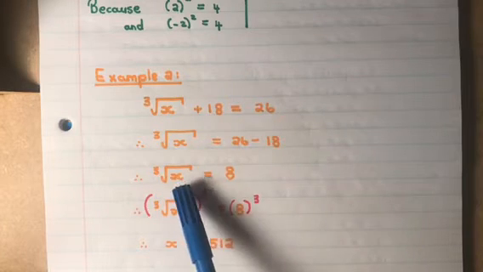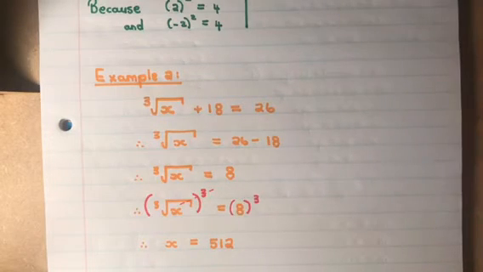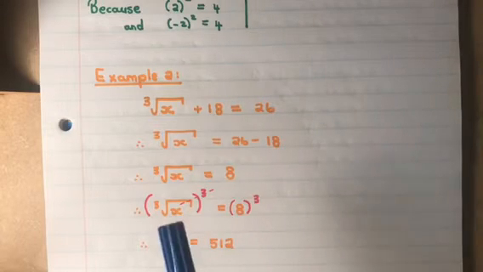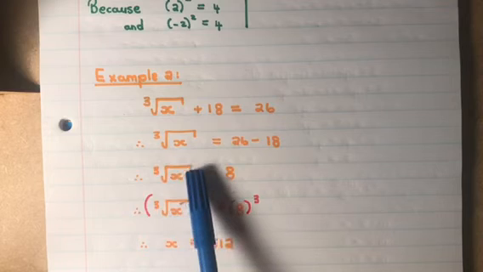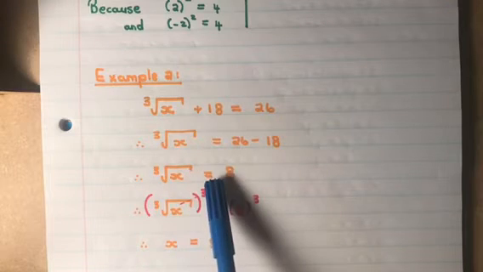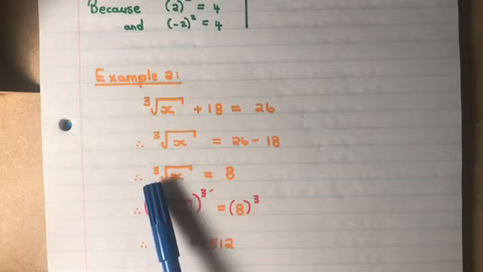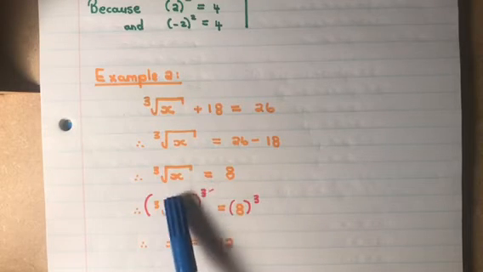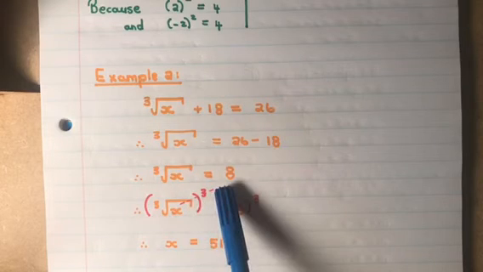Now, you could have said, well, the cube root of what gives you 8? But maybe it's a little bit more difficult. So let's look at the original rules that I've explained to you. What is the inverse of a cube root? Something to the power 3, a cube. So you take the whole cube root of x and place it in brackets to the power 3.